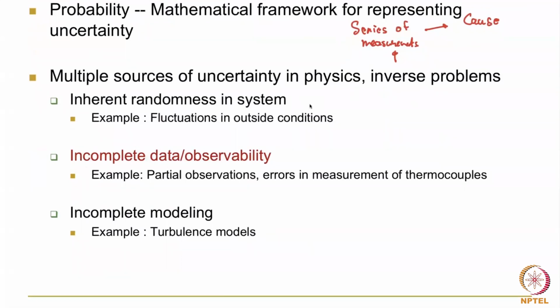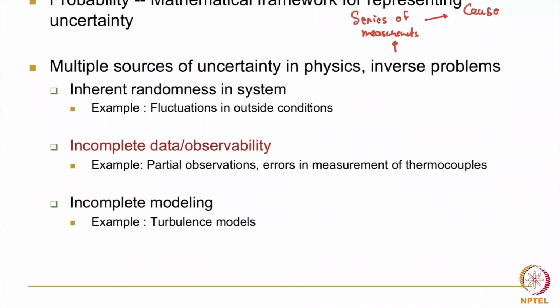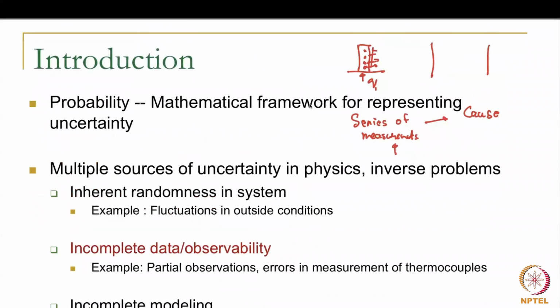Another source of uncertainty is you could have incomplete data. Okay. So for example, here we actually don't have temperature measurements everywhere. We only have them at a few places. And even within that, you have made partial observations, or you might have made errors in the measurement of the thermocouples. So for example, with any observation, if you are dealing with MRI, there could be noise in your detector.